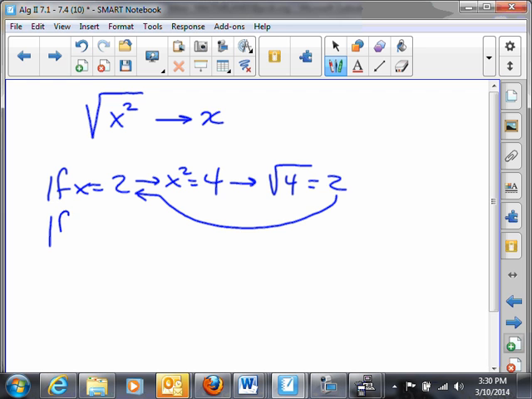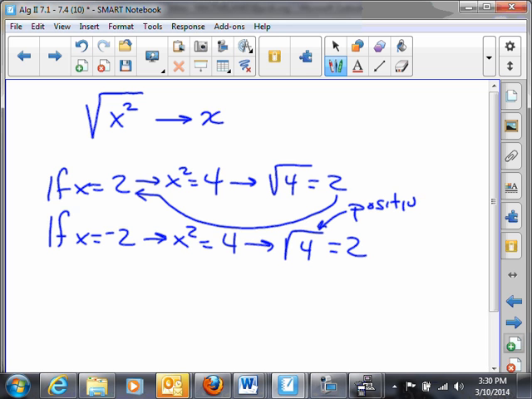But if x were -2, then x squared would be -2 times -2, which is 4, and the square root of 4 is equal to 2, because remember, the radical is defined to be the principal or positive root. But 2 is not equal to -2.